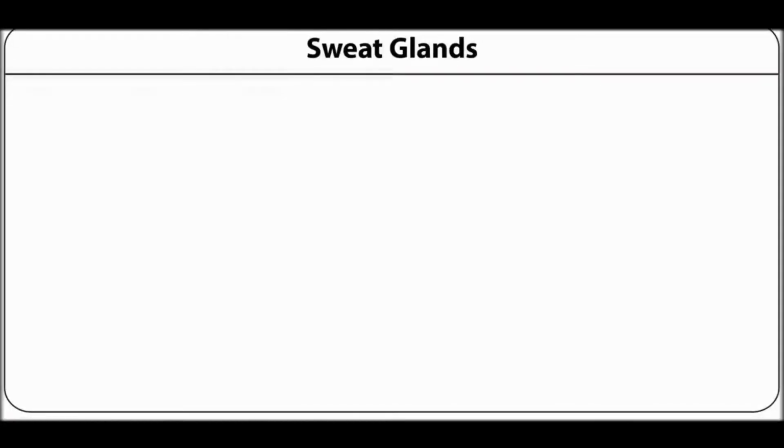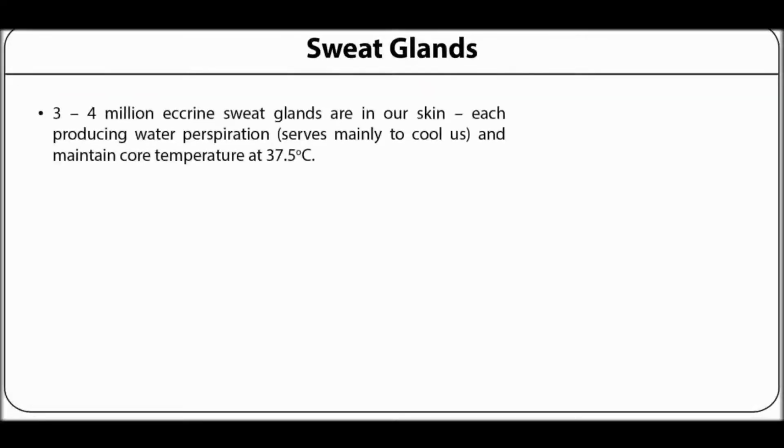You will be surprised to know that human skin consists of around 3 to 4 million eccrine sweat glands, each producing a watery perspiration, which helps us keep cool. It maintains the core temperature at the desirable 37.5 degrees centigrade.